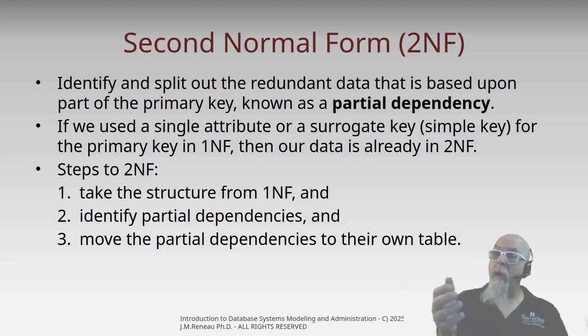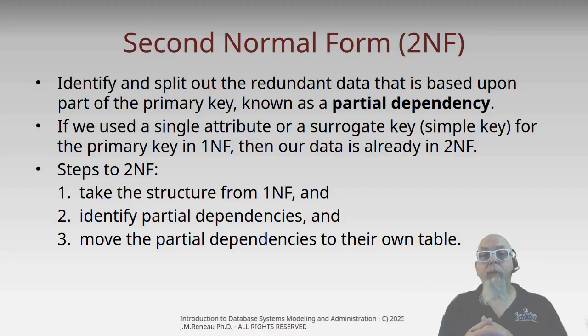That's dependent upon the customer number. So we would create a new table, a new entity called customer, and we would move the customer columns out of the main table into that new subtable and use a foreign key relationship to implement the one-to-many relationship between customer and our table. We would do the same then for the item or other attributes that we might have concatenated in our primary key.